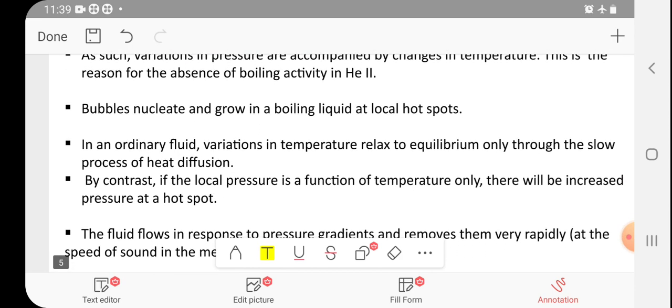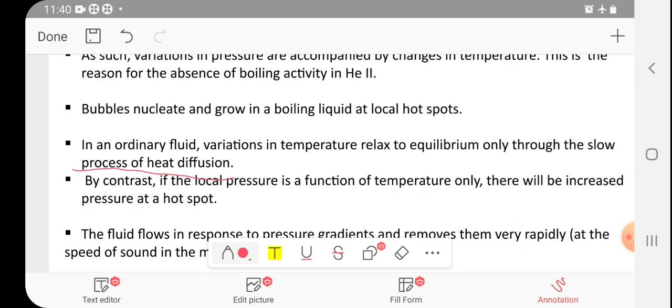Bubbles nucleate and grow in a boiling liquid at local hotspots. When you boil some liquid, we know that bubbles nucleate and grow at some local hotspots. In an ordinary fluid, the variations in temperature relax to equilibrium only through the slow process of heat diffusion.